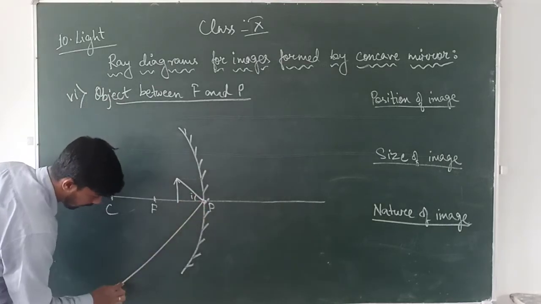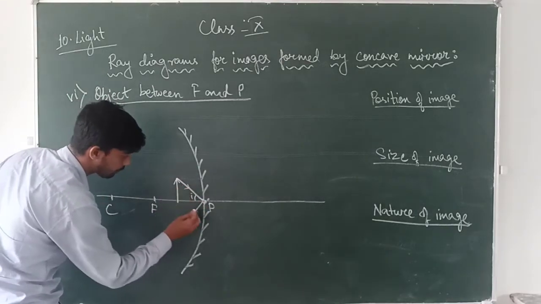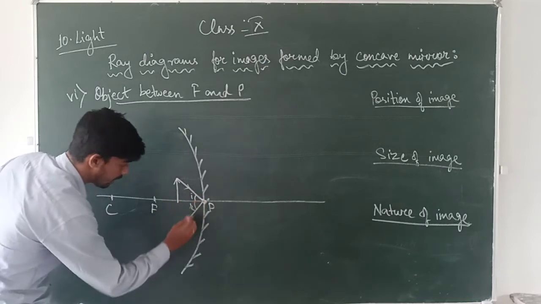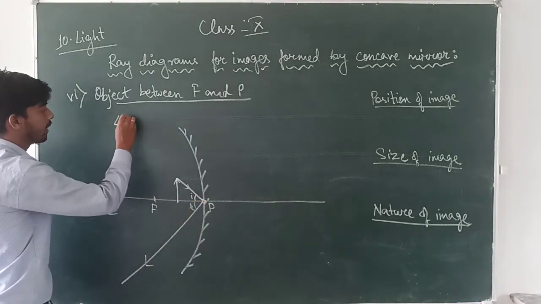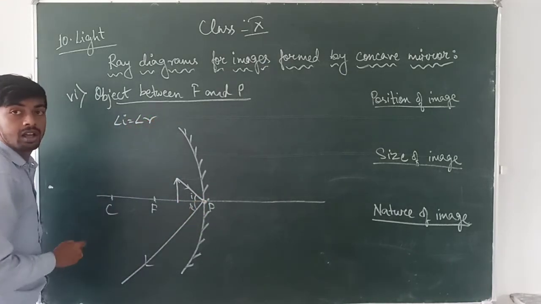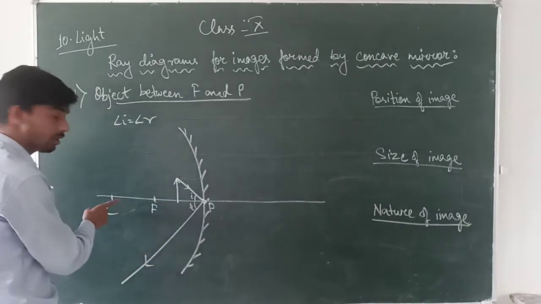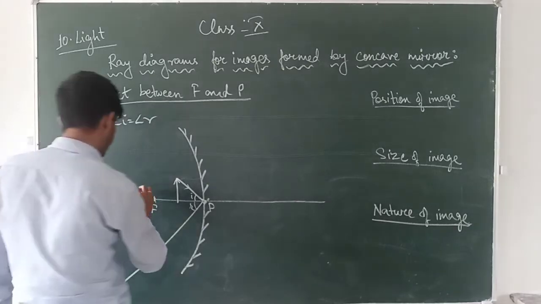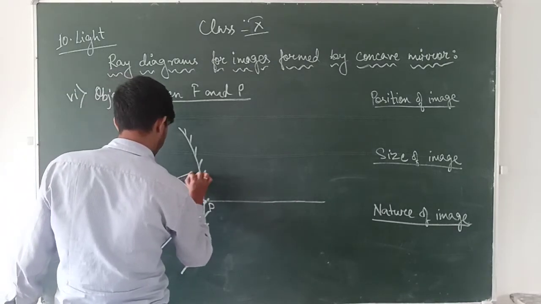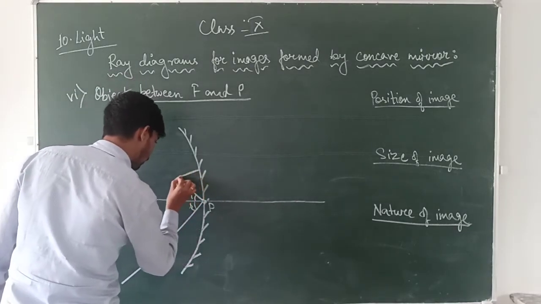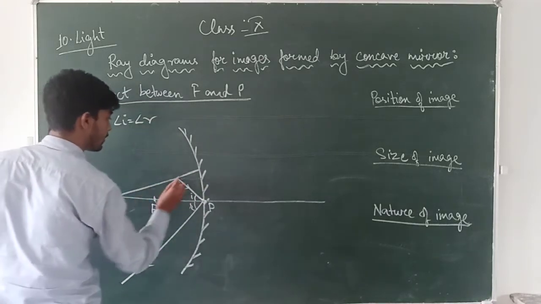The ray will reflect like this. And here, angle I should be equal to angle R. And the second ray we will take from the tip of the object to the C, which will be like this.